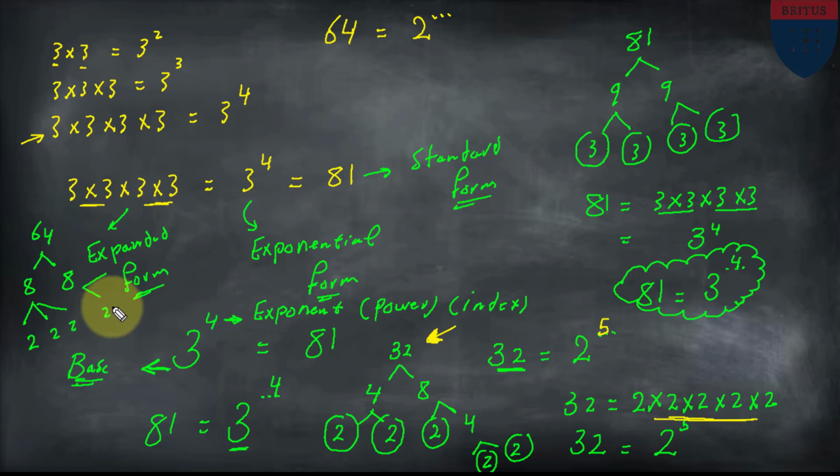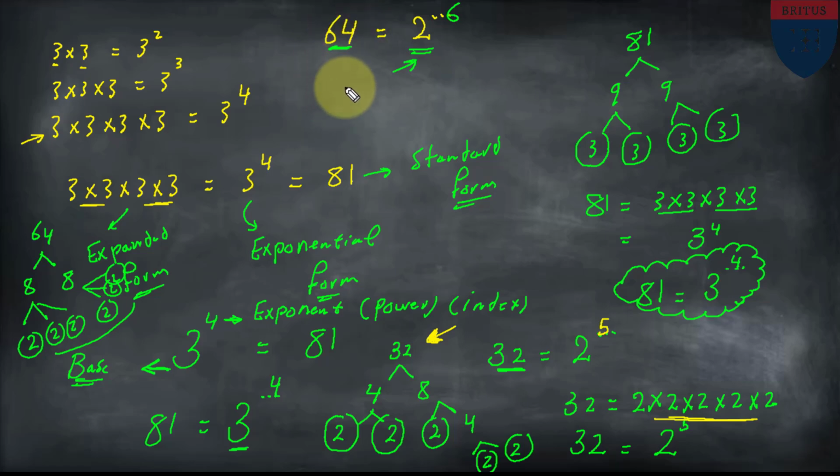Now, 2 is repeated how many times? 6 times. So we can say that 64 is equal to 2 raised to the power 6. Now, what's the exponential form of 64? With the base 2 it is 2 raised to the power 6.